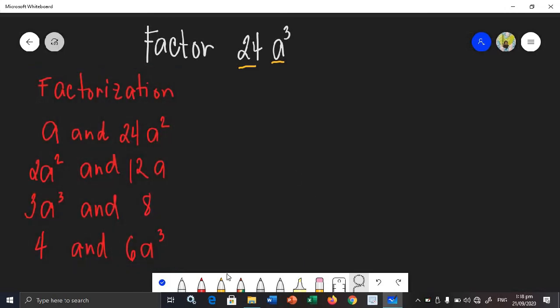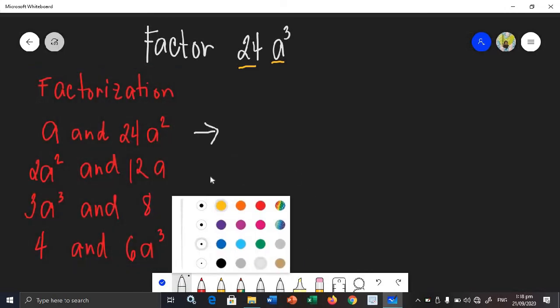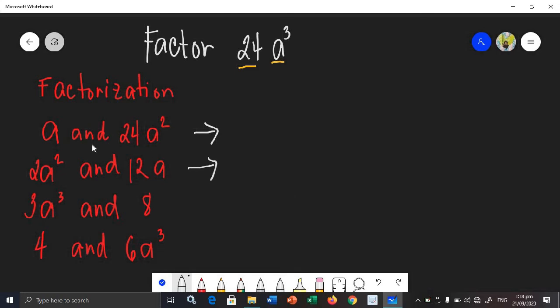If you want to check if your answers are correct, you can just multiply them. So a times 24a squared is 24a cubed. Here, 2a squared times 12a is 24a cubed.